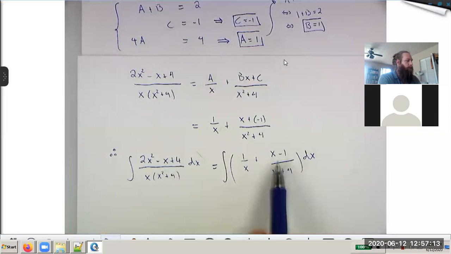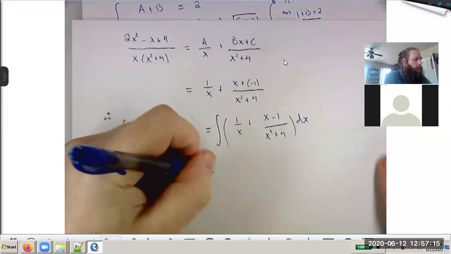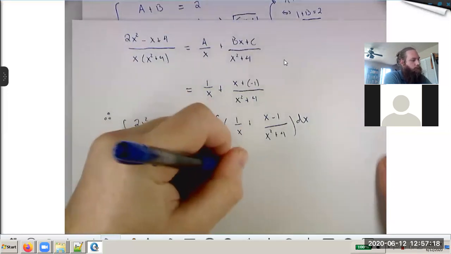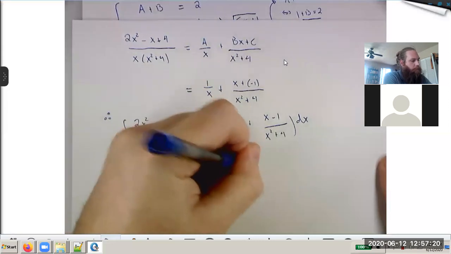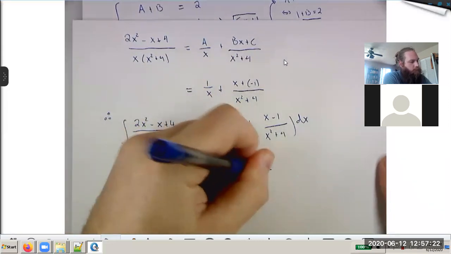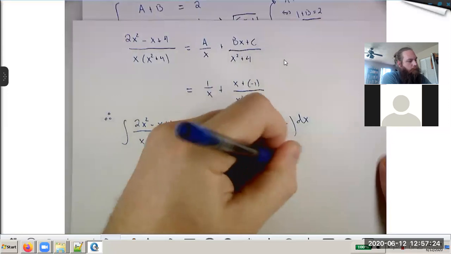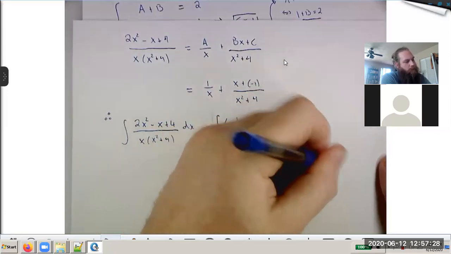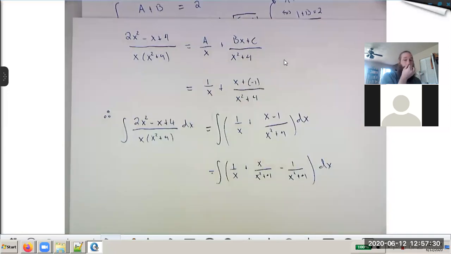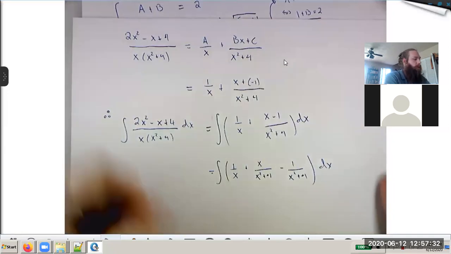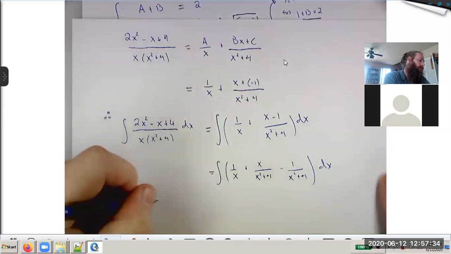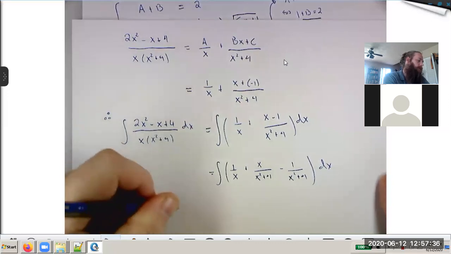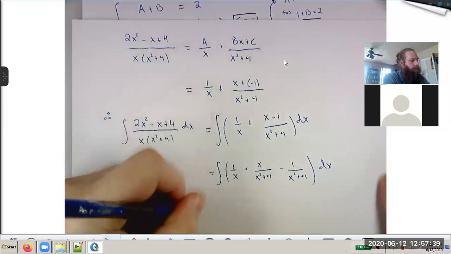Actually, first I'm going to split up this fraction here, the x minus 1. So this is 1 over x plus x over x squared plus 4 minus 1 over x squared plus 4 dx. The 1 over x integral is easy, but I'll write it out like this so we can see where everything's coming from.